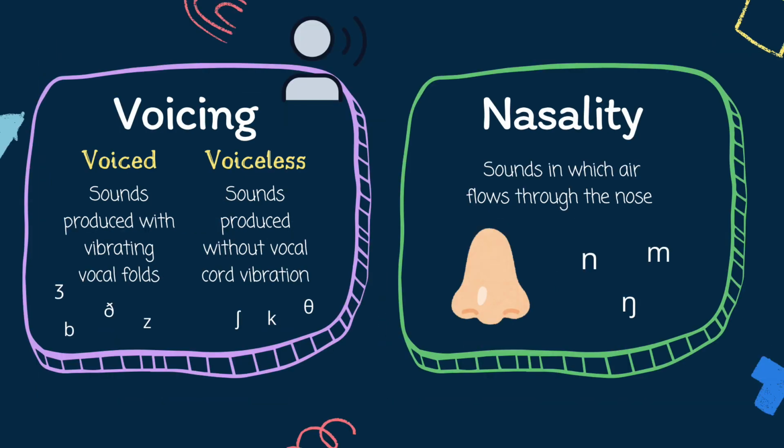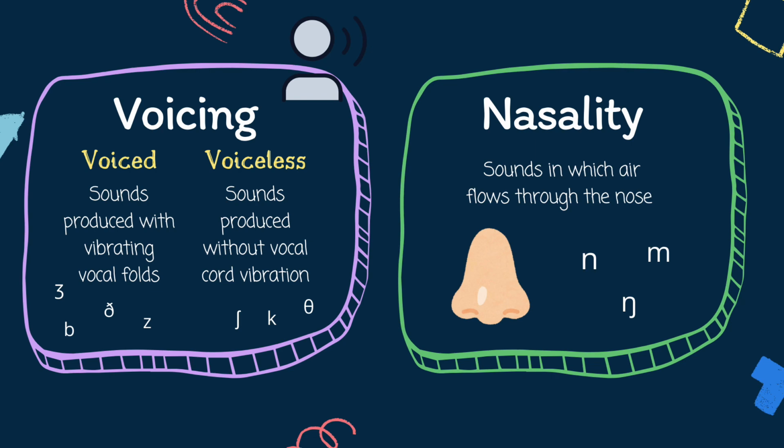Okay, now let's talk about the features of sounds. First of all, we have voicing, which is divided in two, voiced and voiceless. Voiced are sounds produced with vibrating vocal folds, and voiceless are sounds produced without vocal cord vibration. The only difference is that one produces more air than the other.